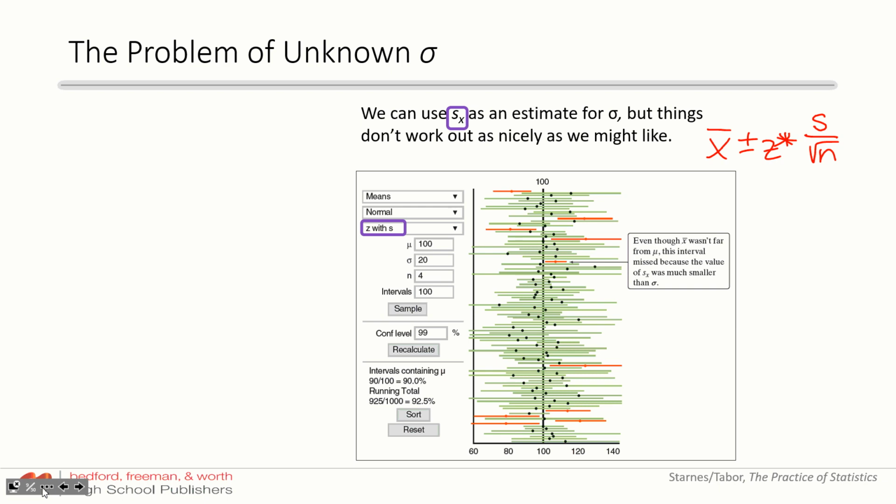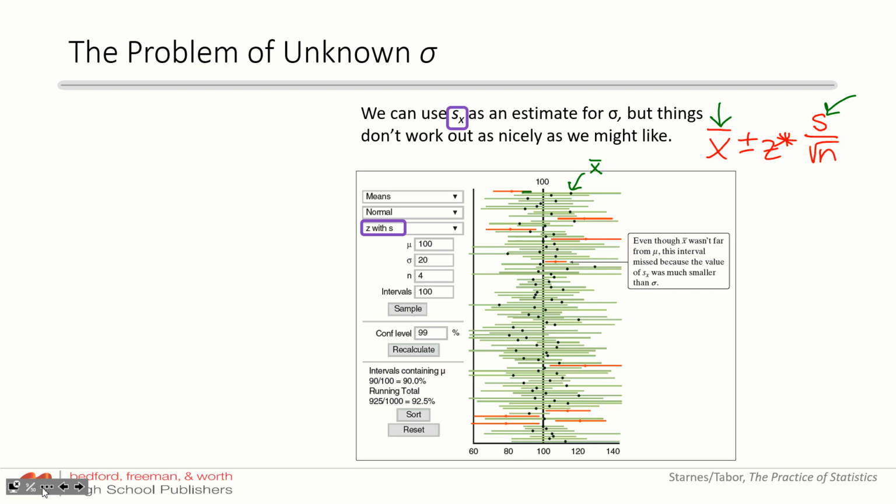Every time I take a new sample, each of these green and red confidence intervals, and each of the black dots, which are all x bars, has a different x bar and also a different s. And the s value is going to dictate how long the actual interval is.